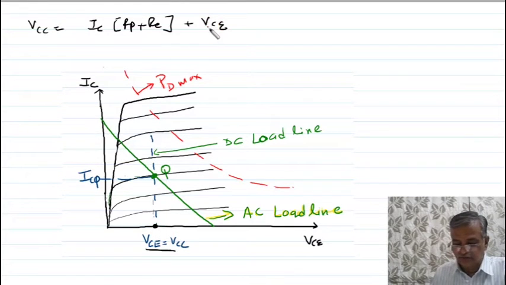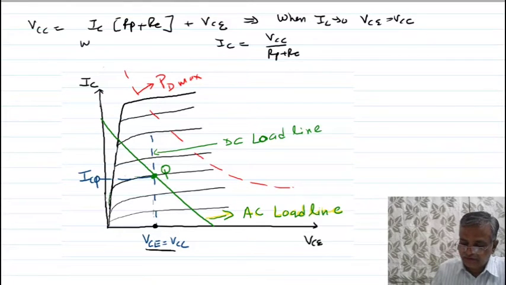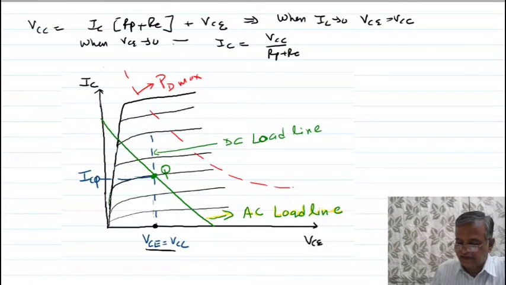When VC is 0, then I can write IC is nothing but VCC upon RP plus RE. This is one point. Second, when VC tends to 0, then IC is maximum.